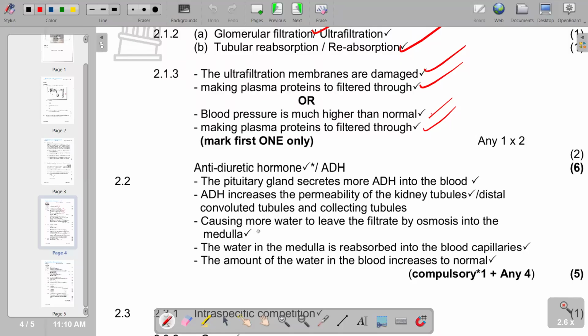So the response is that the pituitary gland secretes more ADH into the blood, and then ADH increases the permeability of the kidney tubules, that is the distal convoluted tubules and collecting tubules. So that is what we gave, and we've got other responses that we can give according to that. So we take note our question has got five marks.